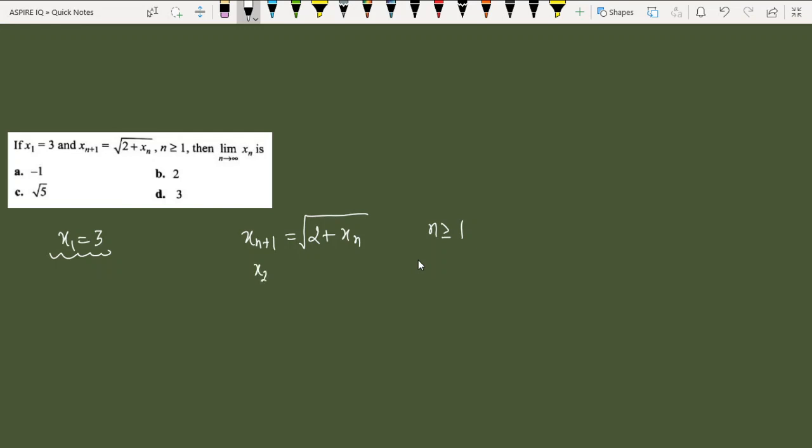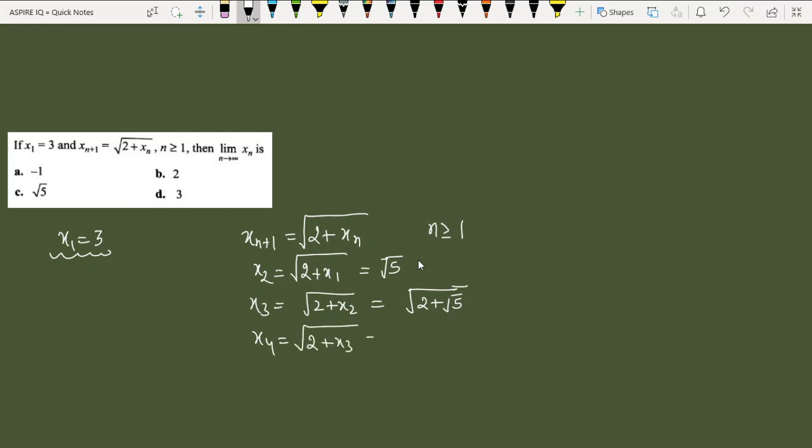Let's say x2 is equal to root of 2 plus x1, so it will be equal to root 5. x3 is equal to root of 2 plus x2, so it will be equal to root of 2 plus root 5. And x4 is equal to root of 2 plus x3, so it will be equal to root of 2 plus root of 2 plus root 5. Now x5 is equal to root of 2 plus x4.